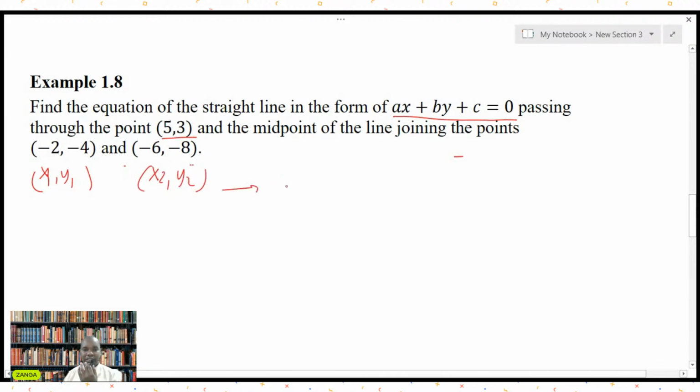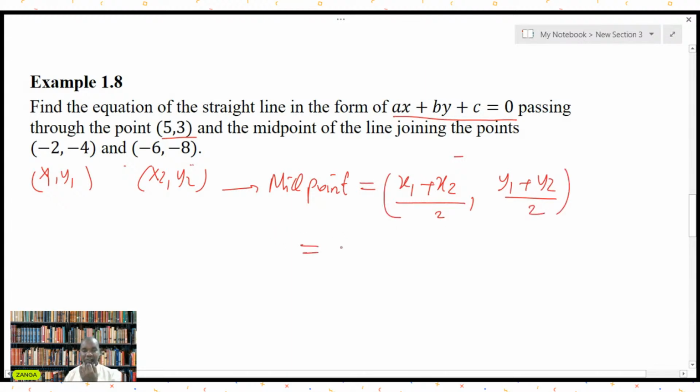So we're going to say that midpoint will be x1 plus x2 over 2, comma y1 plus y2 over 2.